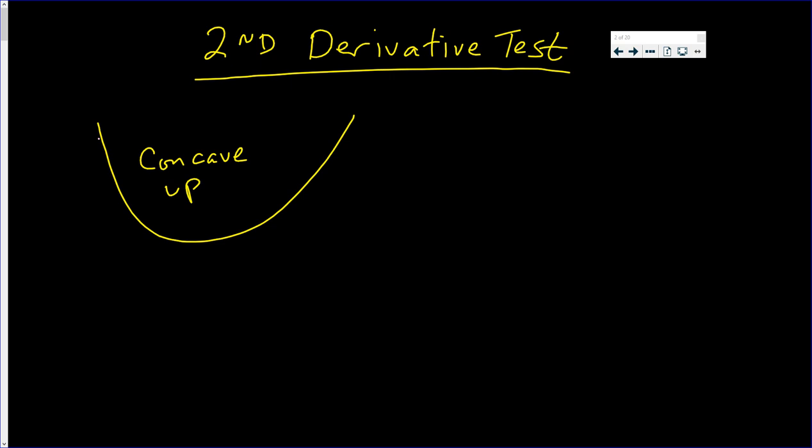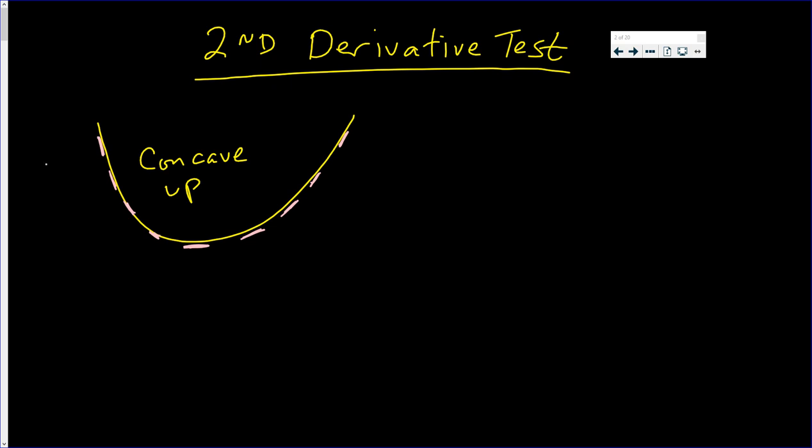Well, let's look at the slopes. It's negative, a little less negative, less negative, a little negative, it's 0, a little positive, very positive, very, very positive.